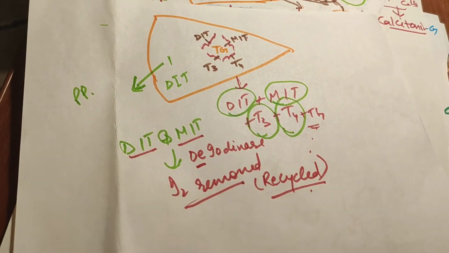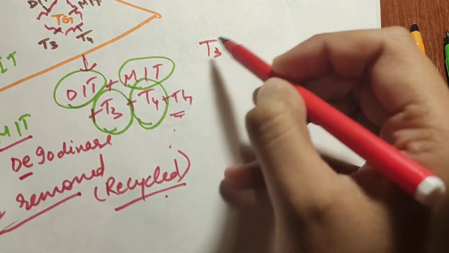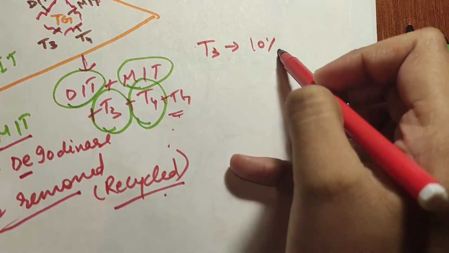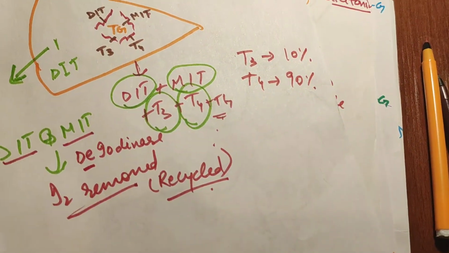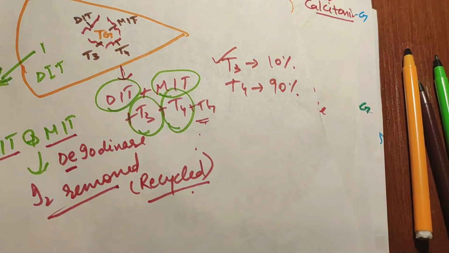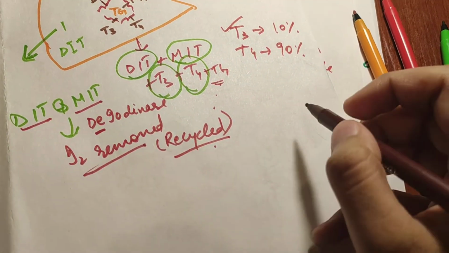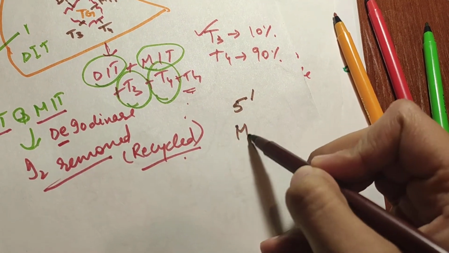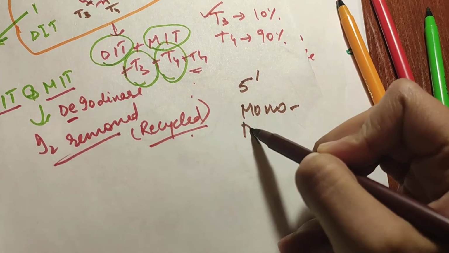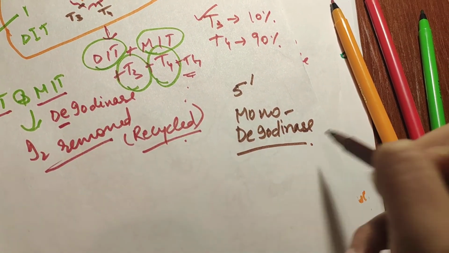Now in the blood, T3 which is formed is approximately 10%, but T4 is 90%, and the active form is T3. So it will go to the peripheral tissues. In the peripheral tissues there is an enzyme, 5-monodeiodinase.